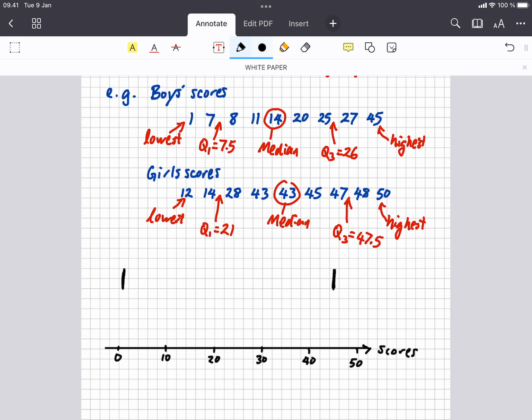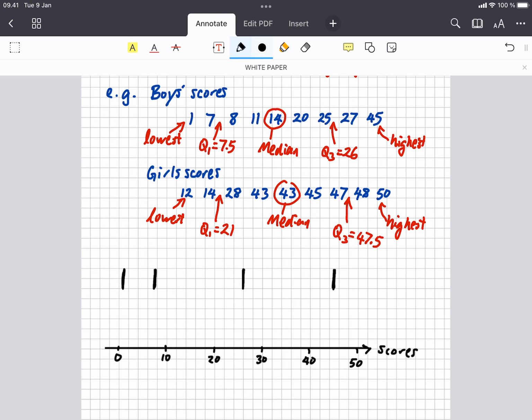The lower quartile is 7.5, so I'm going to put a line at 7.5, which is just about here. I should be doing this with a ruler, really. And then the upper quartile is 26, so I'm going to put a line at 26, which is here.